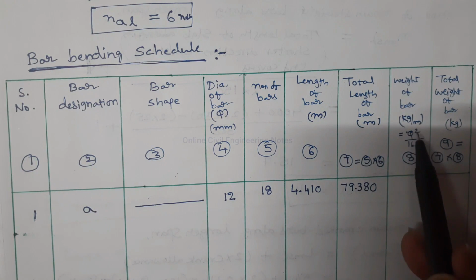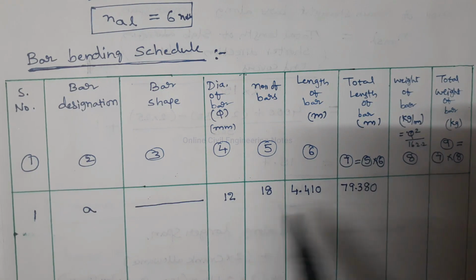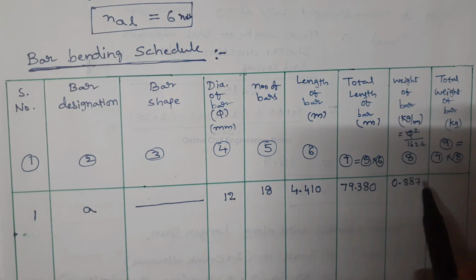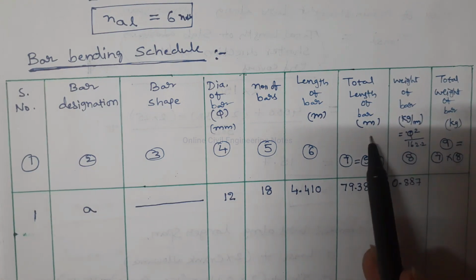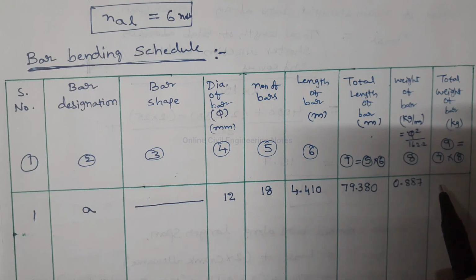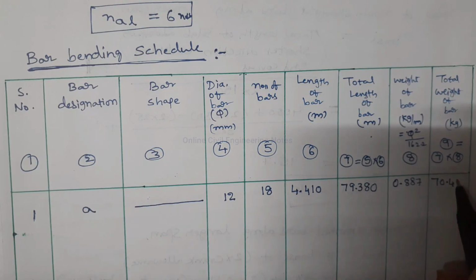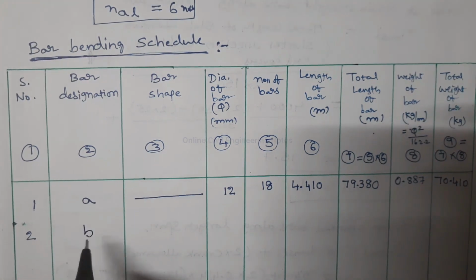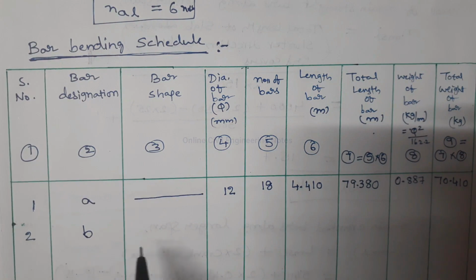Weight of bar per meter length is equal to 12 square by 162, 0.887. Total weight is equal to total length of bar into weight of the bar, 79.38 into 0.887, 70.410.